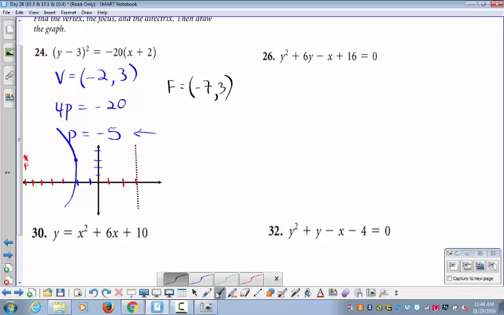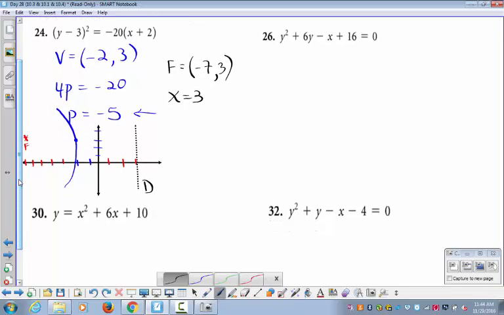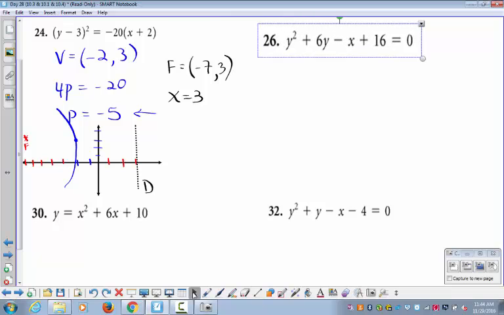And then the y value, of course, is 3. And then the equation for the directrix is x equals 3, the vertical line. Actually, it should be x equals a constant. All right, I'll do one more here, and then I'll give you the brains.